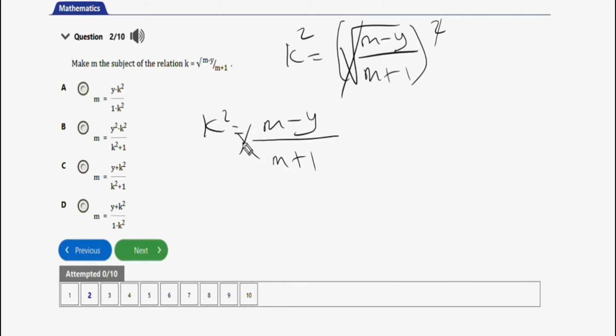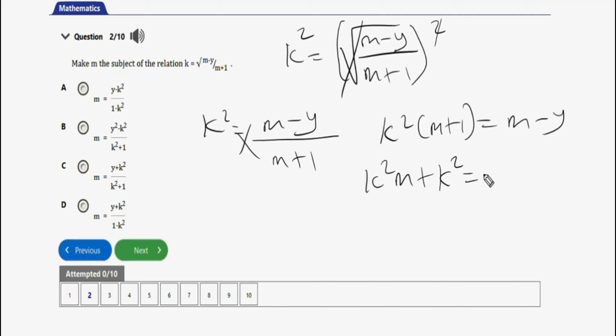When you cross multiply, we're going to have k square in bracket (m plus 1) equals m minus y. So when you break that, you're going to have k square m plus k square equals m minus y.